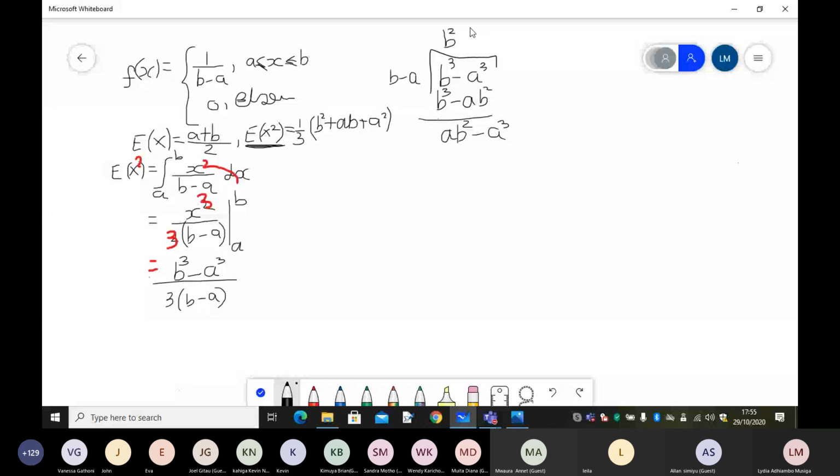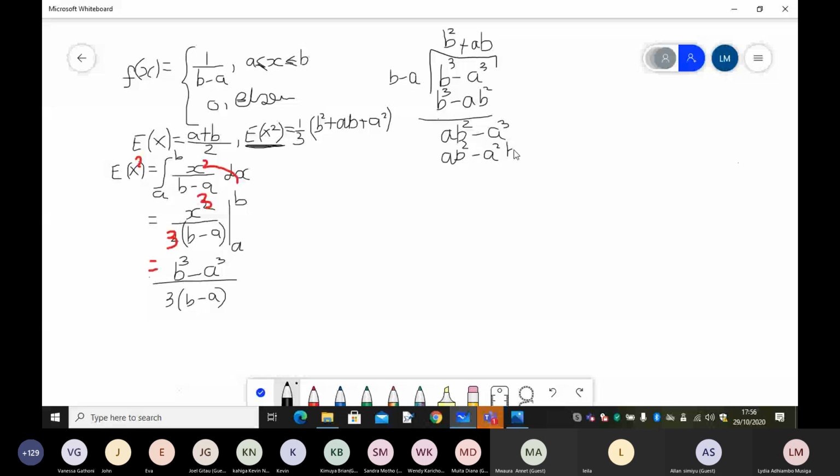The next factor will be ab. Is it positive or negative? It has to be positive, so that if I multiply ab by b, I get ab squared. So ab times b is ab squared, and then ab times minus a is minus a squared b.